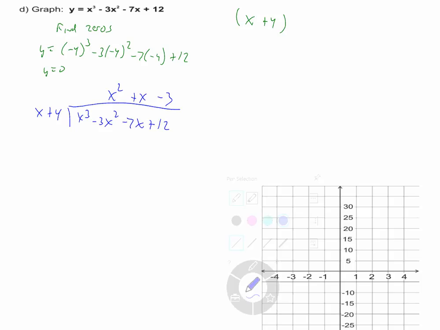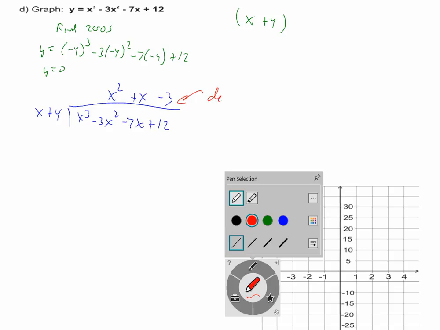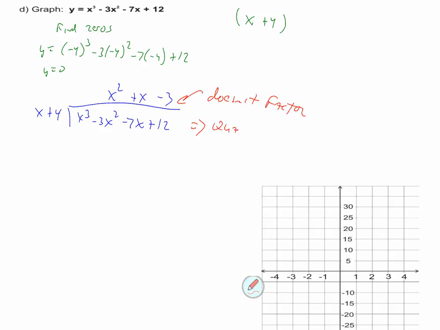Here's the problem. Doesn't factor. What do I do then? Now you got to use the quadratic equation. And when you do, you end up with x equals negative 1 plus or minus the square root of 13 over 2.